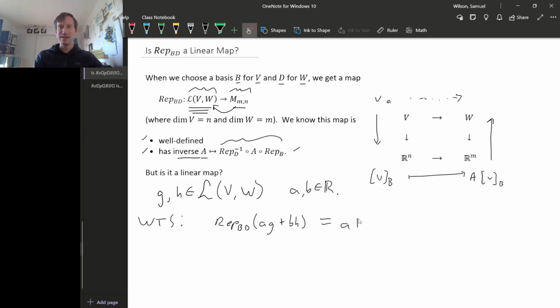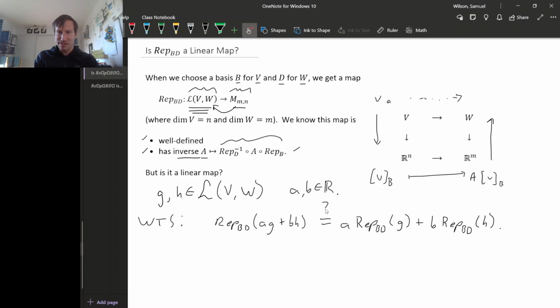So that's a times rep BD applied to G plus b times rep BD applied to H. If you look at this equation and squint so that the name of the function gets blurry, this just says we're preserving structure. The fact that the name of our function is complicated, representation relative to BD, doesn't change the fact that we're still just checking that this function preserves structure. So we will know it's a linear map.